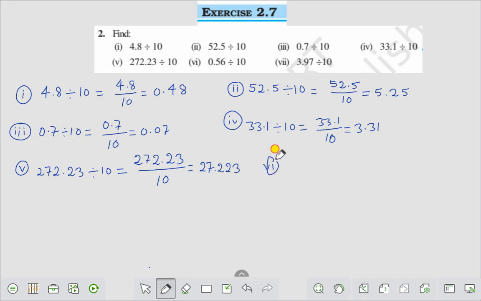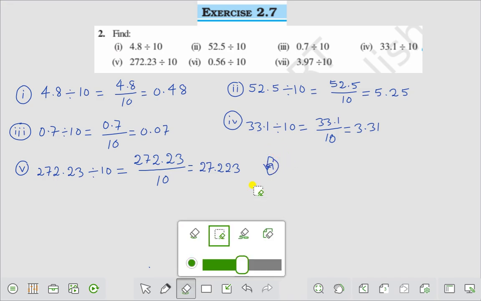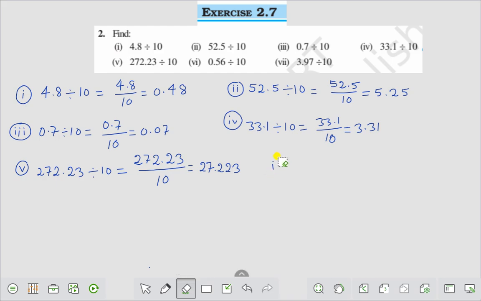Now question number 6. Question number 6 is, let us rub this one. Now question number 6 is 0.56 divided by 10, or it can be written as 0.56 divided by 10.